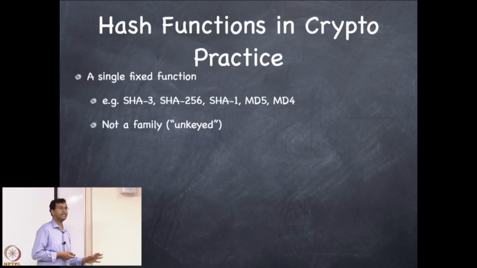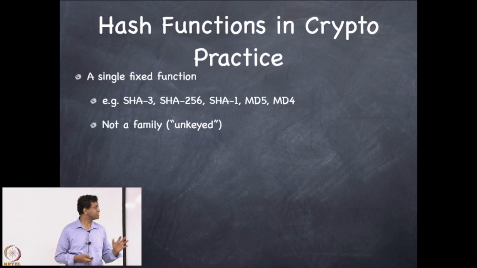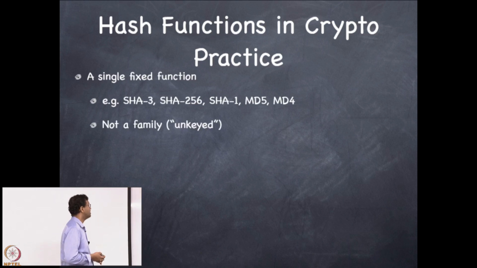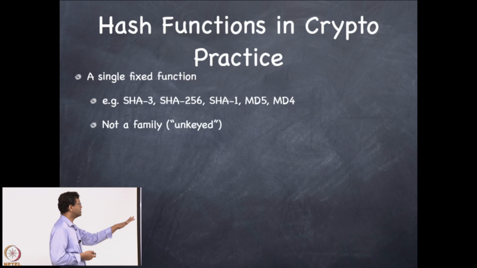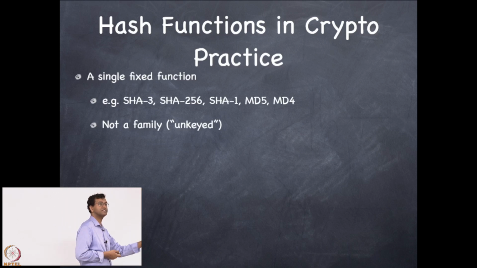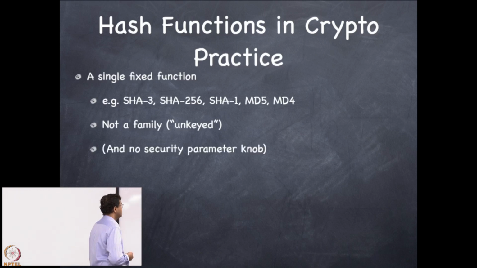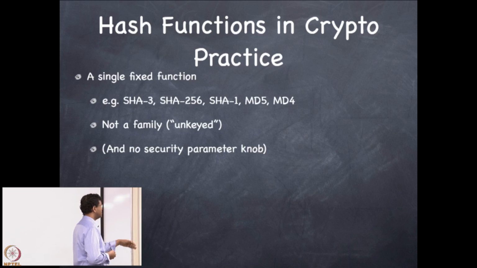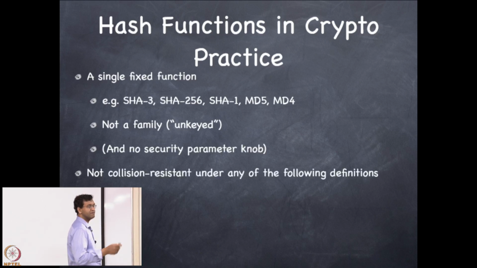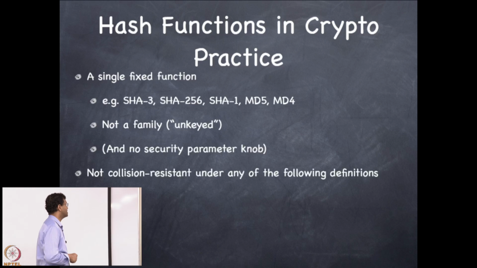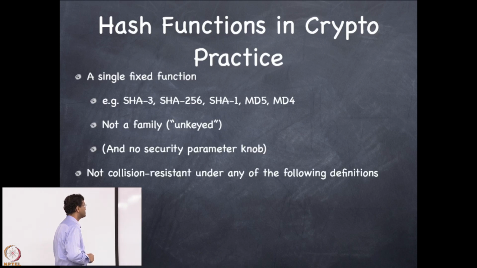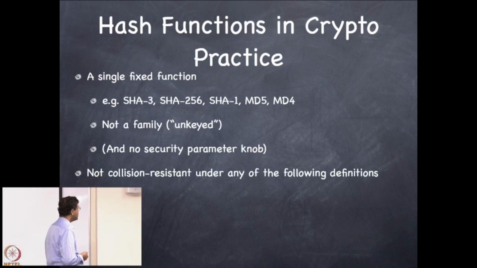These are unkeyed. With SHA-3 there is a notion of a key if you want, but in general, they are just a single, fixed, deterministic function. Never mind this security parameter now, because that's something I didn't talk about so far.